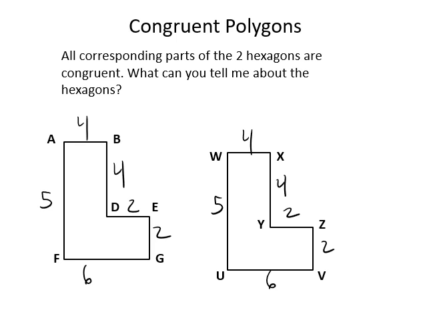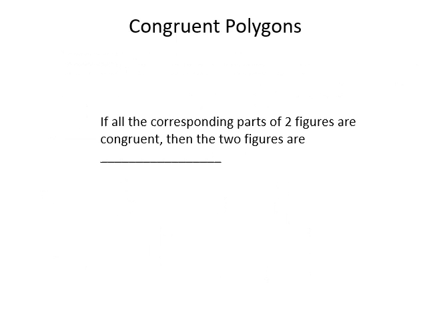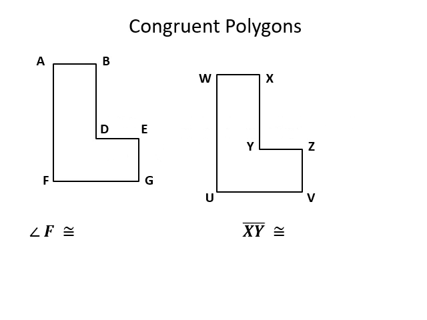So we could write that with B matching with X, D goes to Y, E goes to Z, V, U, W. So if all corresponding parts of two figures are congruent, then obviously the two figures are congruent. It's not anything groundbreaking. It's just important to remember that if I know the corresponding parts are the same, then the two figures are obviously the same.